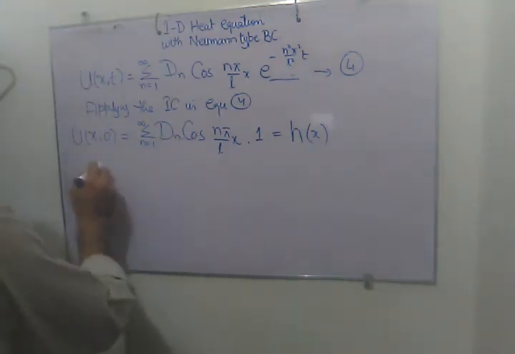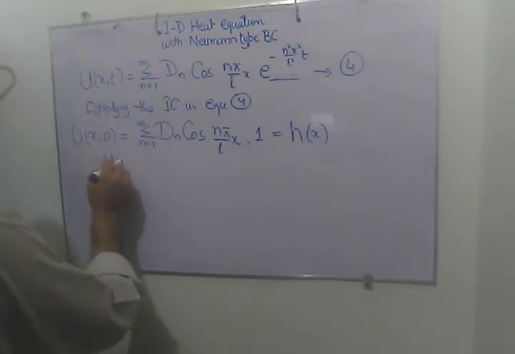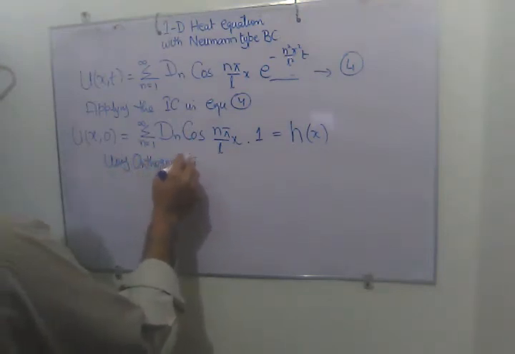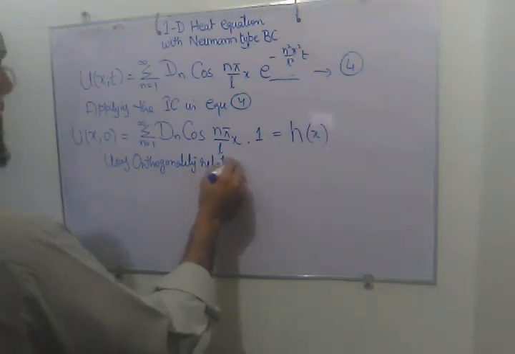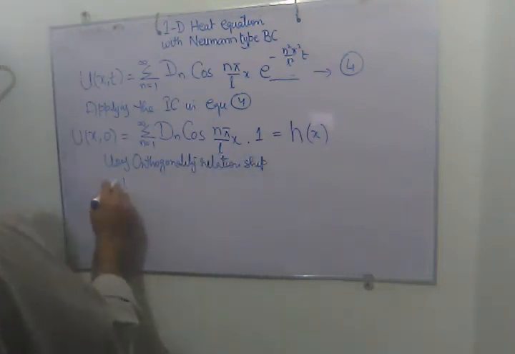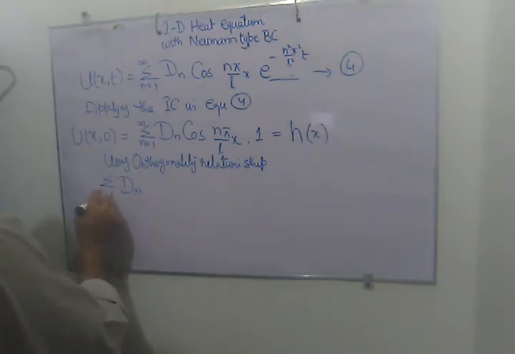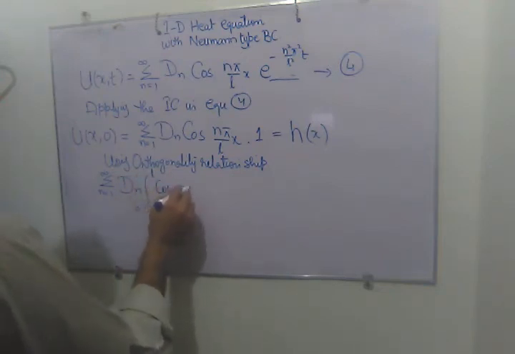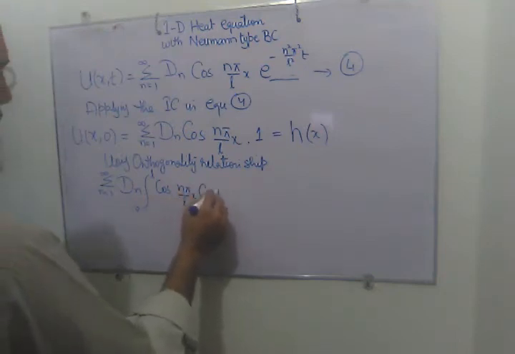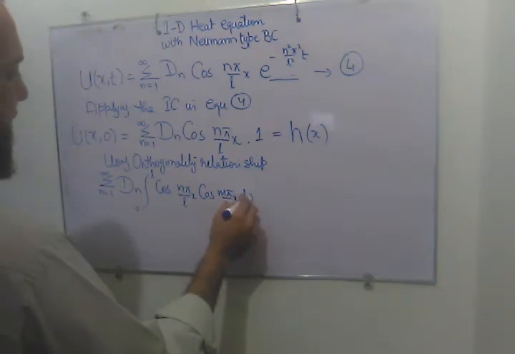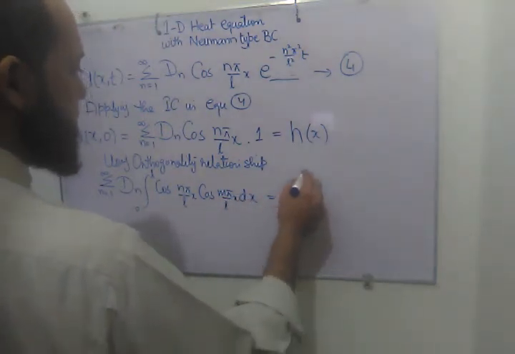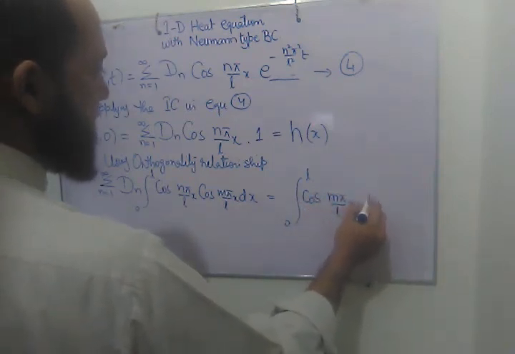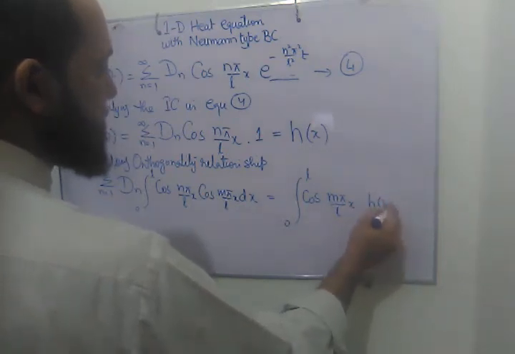So by using the orthogonality relationship, we have d n integral from 0 to L of cos n pi upon L x cos m pi upon L x dx is equal to the integral from 0 to L of cos m pi upon L x and h of x dx.